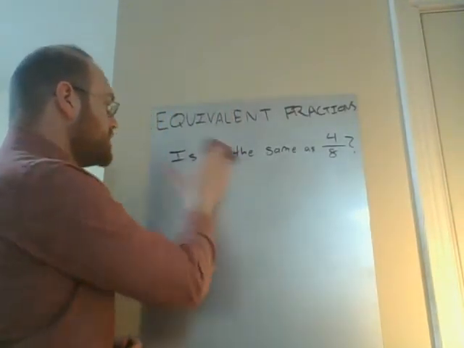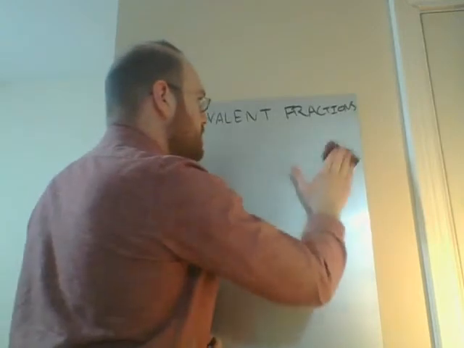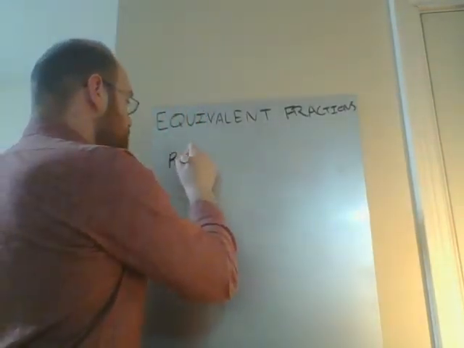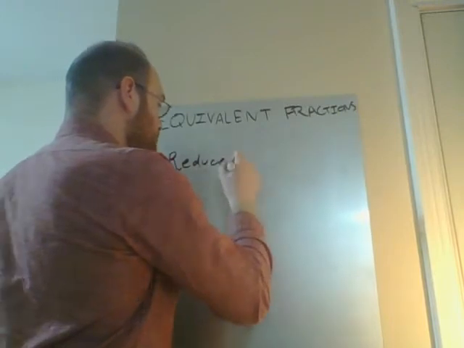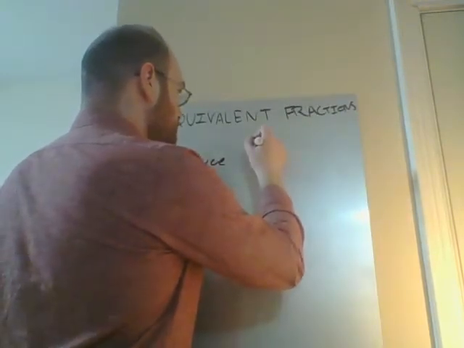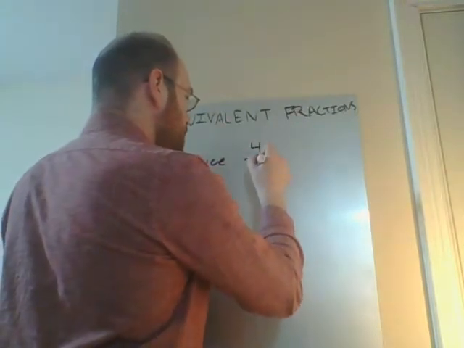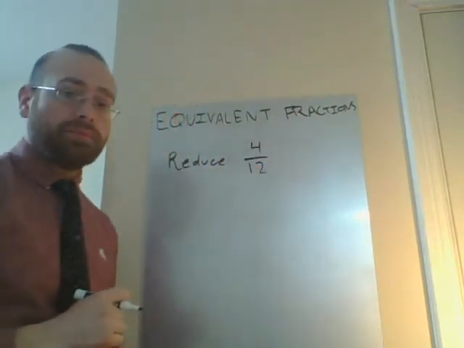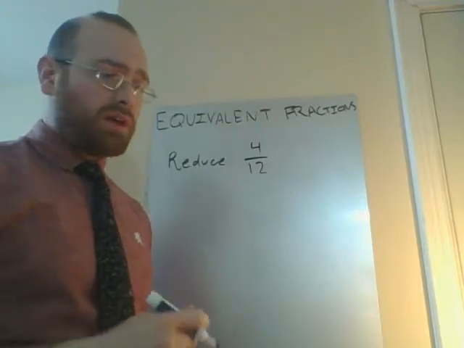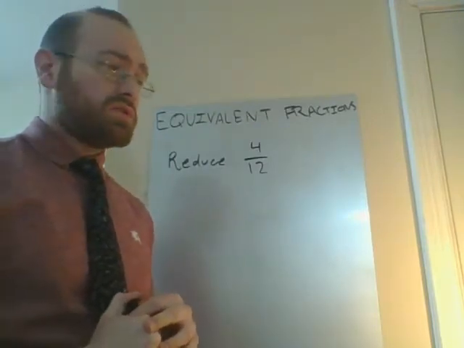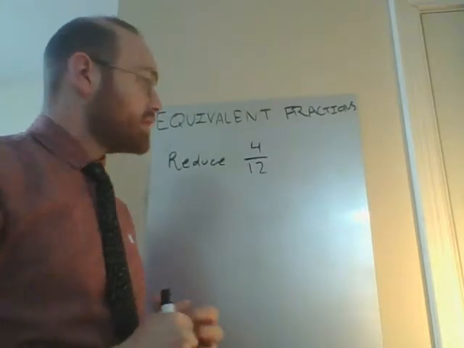So let's do another example where we are asked to reduce the fraction 4/12. Now, it will be helpful to remember what are the factors of 4 and what are the factors of 12.